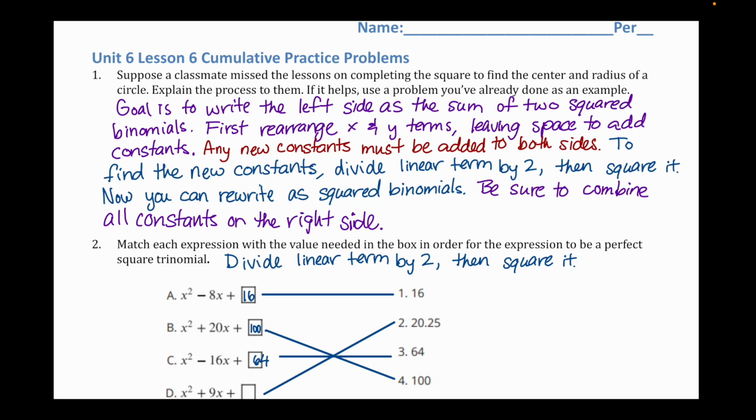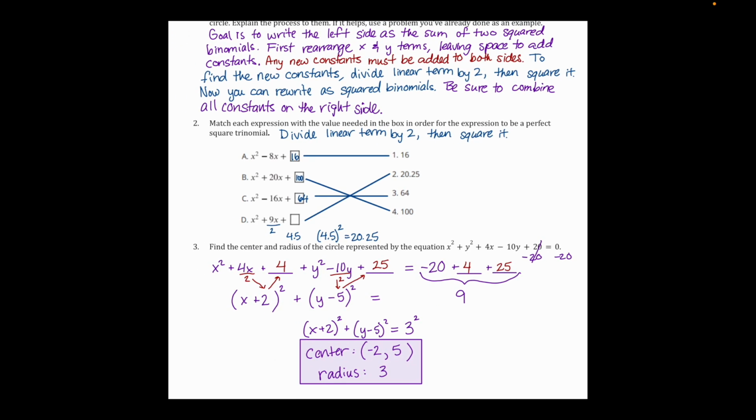Be sure to combine all constants on the right side. So I know this does not help without actually showing an example. I am going to put C number 3 for example, since I already worked that one out now.